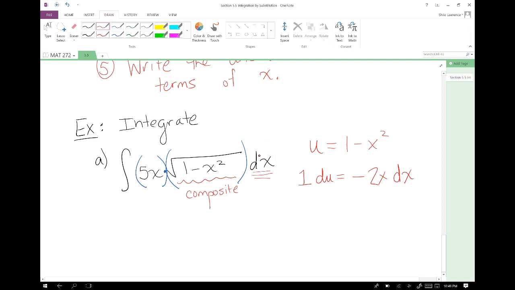So sometimes the easiest thing to do here is to solve this equation for dx. Whatever ends up there on the right with your dx, just divide it over. And then we'll know what to replace the dx with in that integral. So negative 1 over 2x du can be plugged in for the dx.